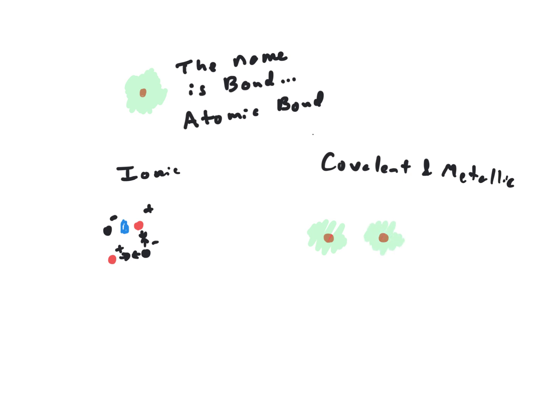If we were to look at an individual atom here, the thing we would find is that there is the positive charge that's here in the nucleus, and then there's this cloud of electrons around it.